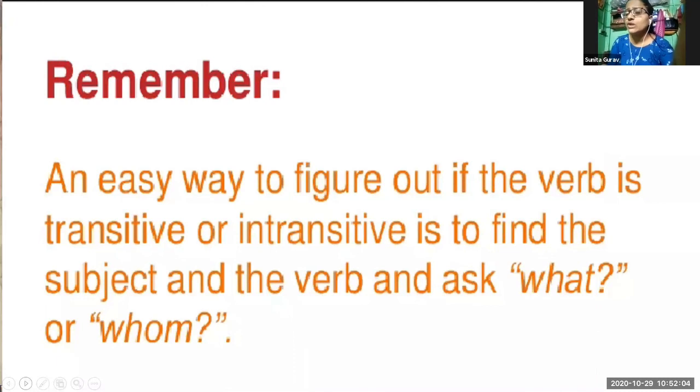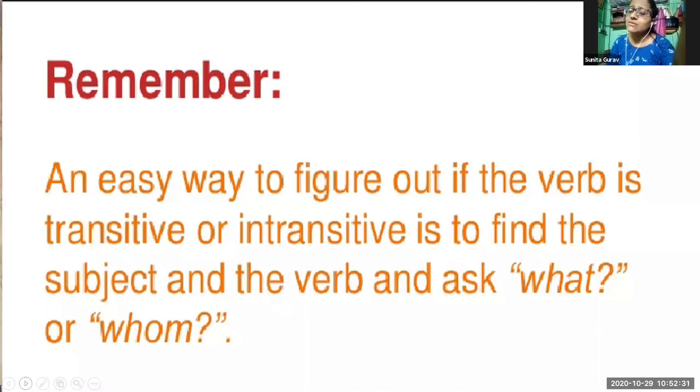As I've told you earlier, in our earlier slide, the sentence was: the baby was crying. The baby is a subject. Was crying is the action verb. Was is a helping verb and crying is the main verb. But why was the baby crying? Whom did the baby cry?